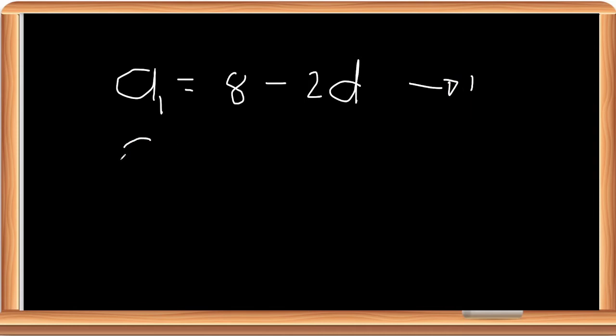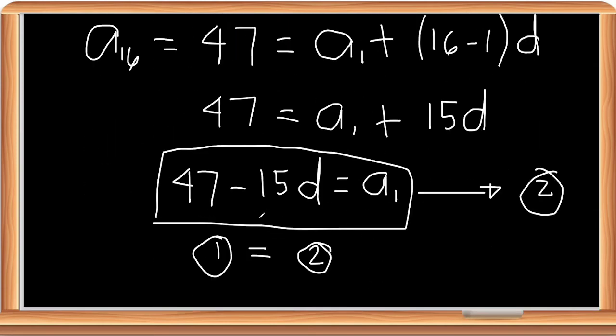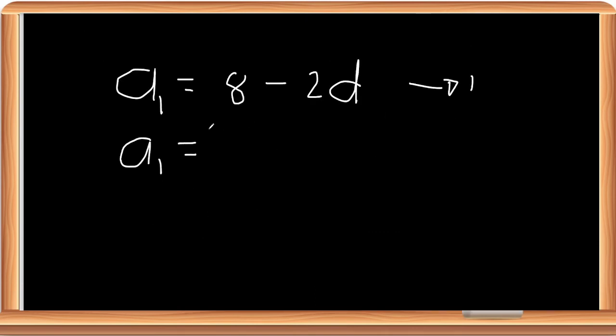And yung a sub 1 is also equal to ito, equation number 2 mo, 47 minus 15d. Ito yung equation number 2.